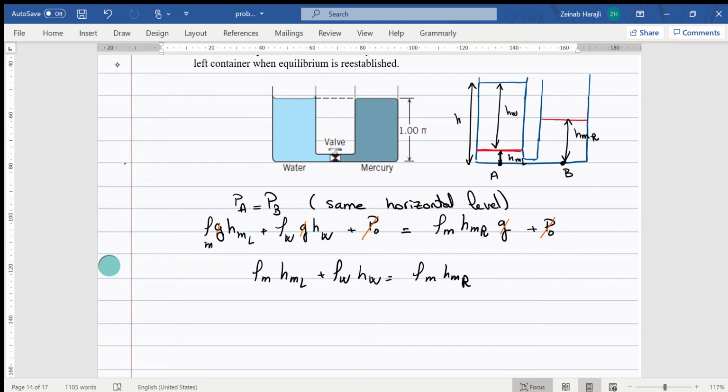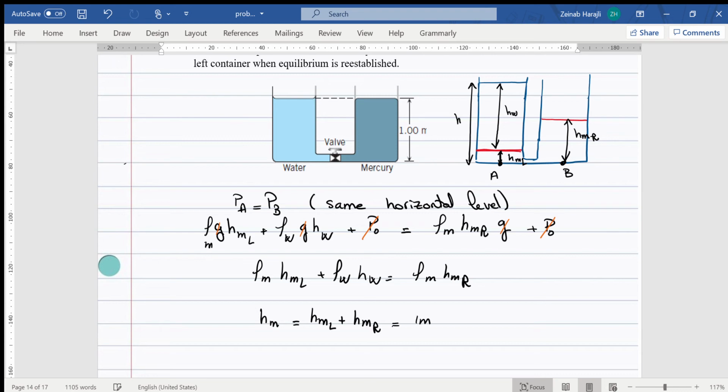We know that the total height of mercury is equal to the height of mercury in the left plus the height of mercury in the right. Since both containers have the same area, the total height should be the same before and after opening the valve. And this is equal to 1 meter, right?